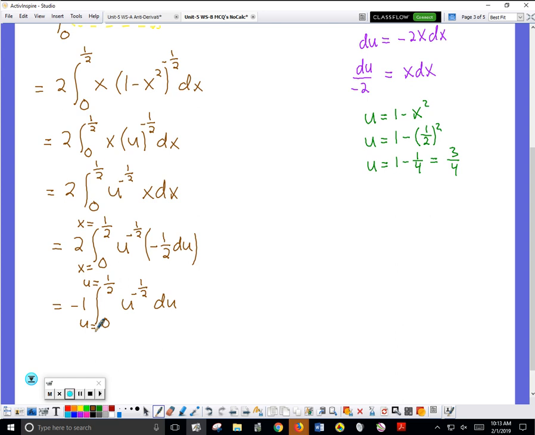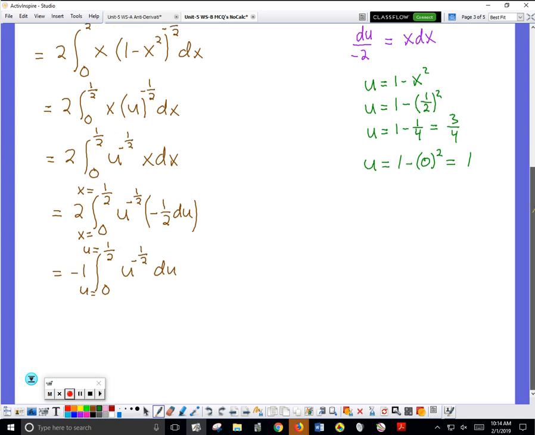Cool. I need to change the other limit as well. So u is equal to 1 minus 0 squared, that's equal to 1. Cool. So now we have a brand new transformed integral.